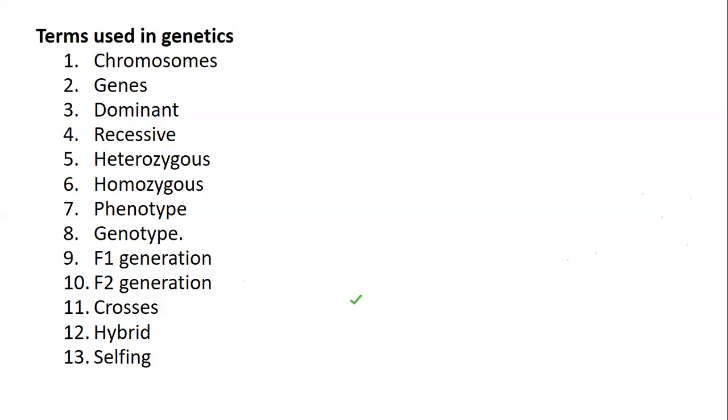Those are 23 pairs of chromosomes. Now, of those 23 pairs of chromosomes, only one pair determines the sex. The rest of the chromosomes do not participate in determining sex. So we call those autosomes. So the autosomes are the non-sex chromosomes.